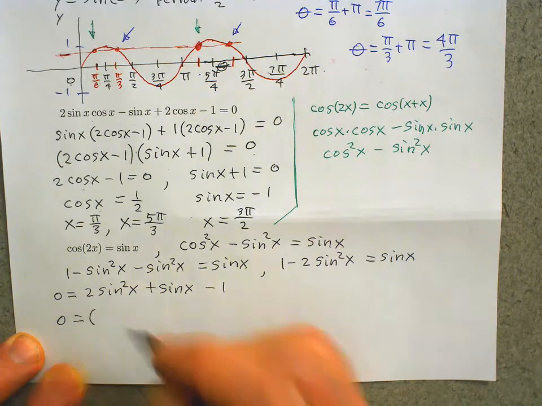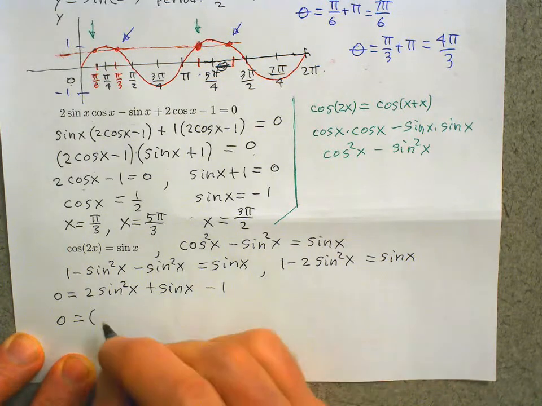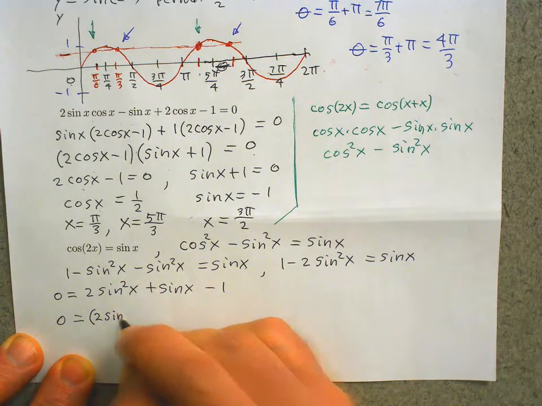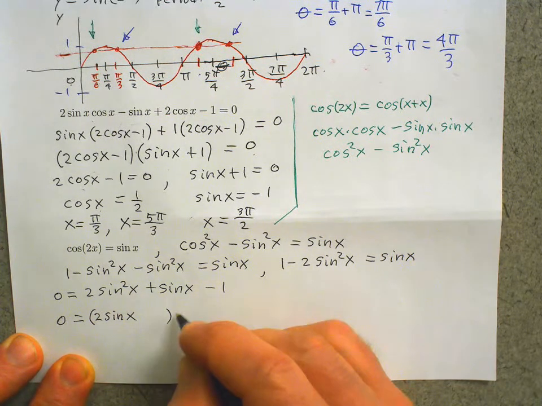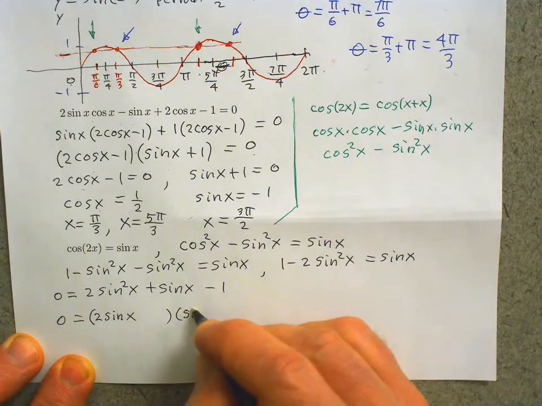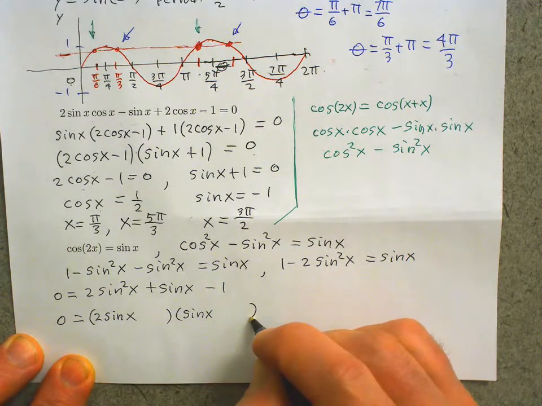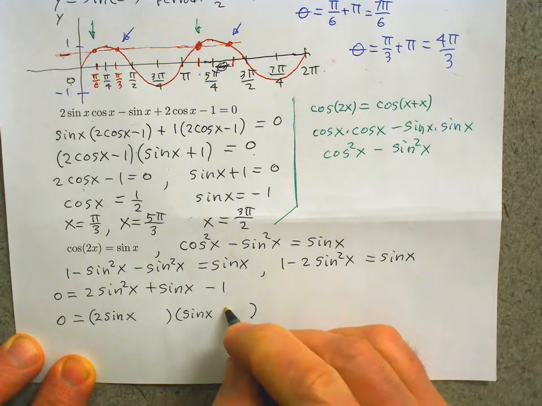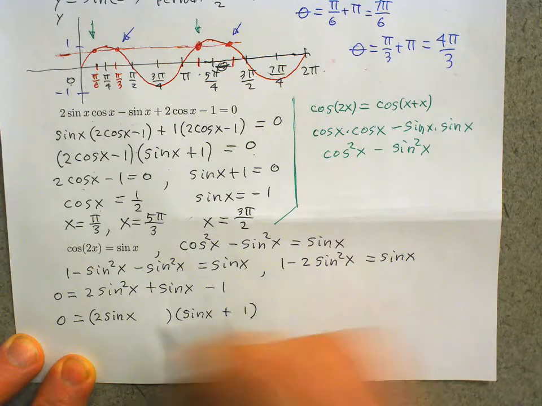So I'll just do it by trial and error. One of the factors will have 2 times sine of x. The other one will have sine of x. So since I have a plus sine of x, I need this to be plus 1 and this to be minus 1.